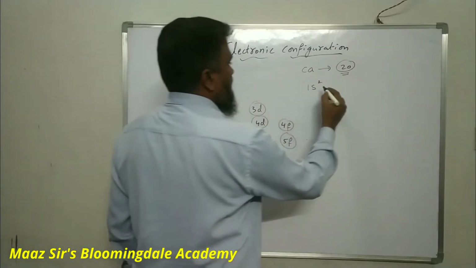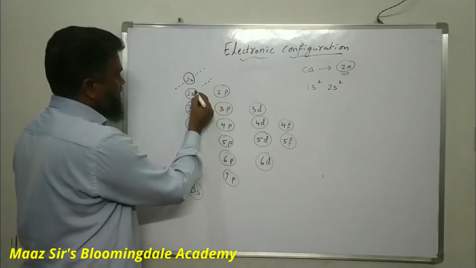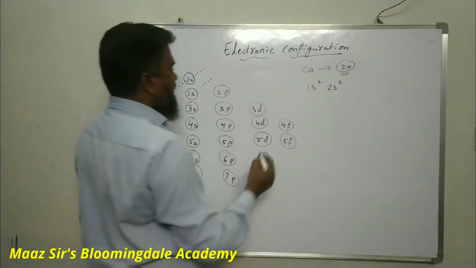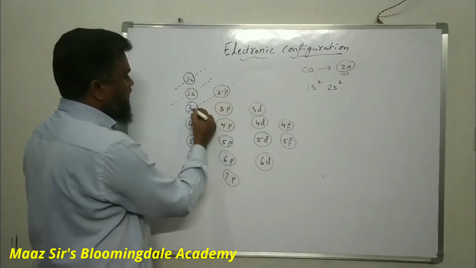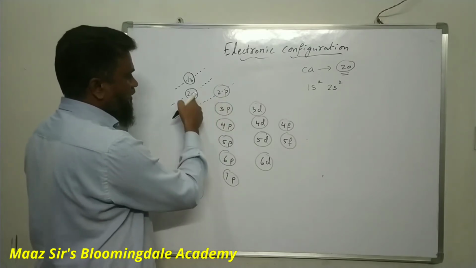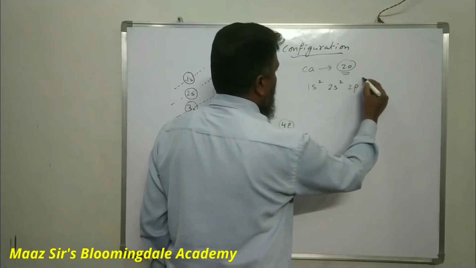Then after that, the electron will enter into 2s2. After 2s2, again the electron will enter into 2p. Remember that after 2s, the electron will enter into 2p6.